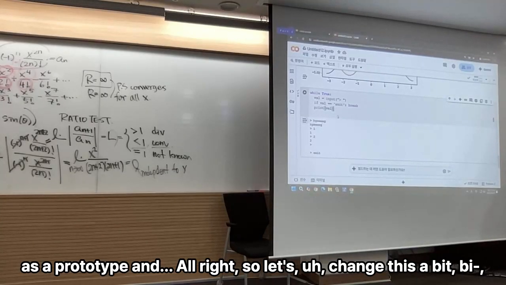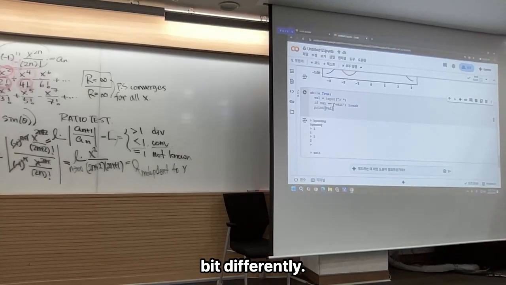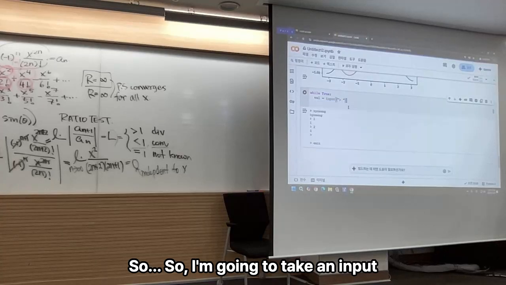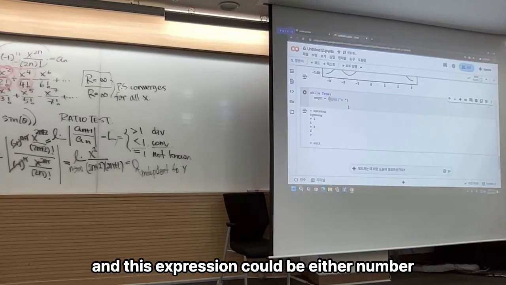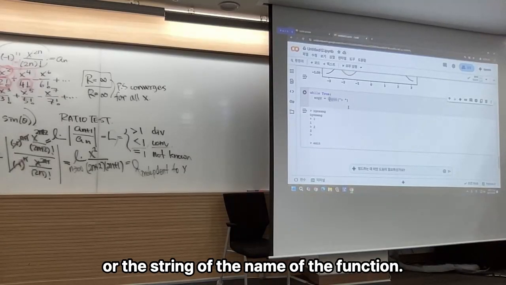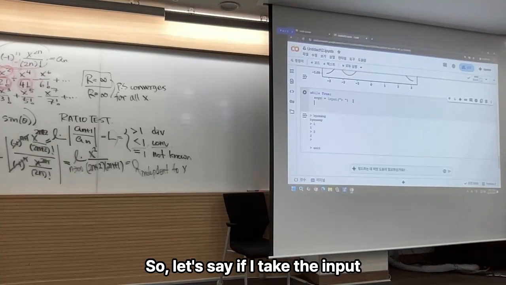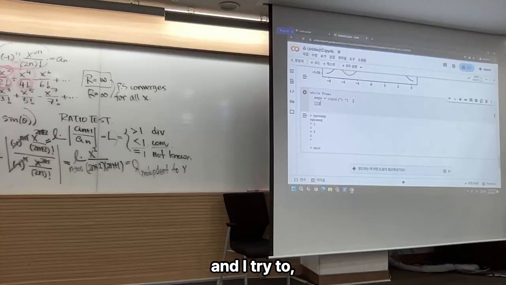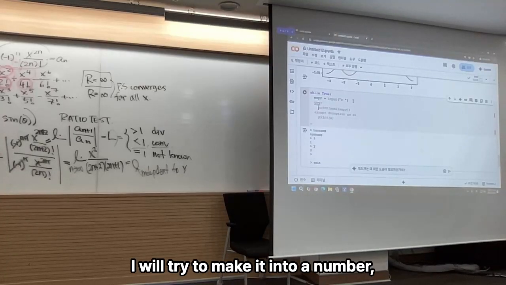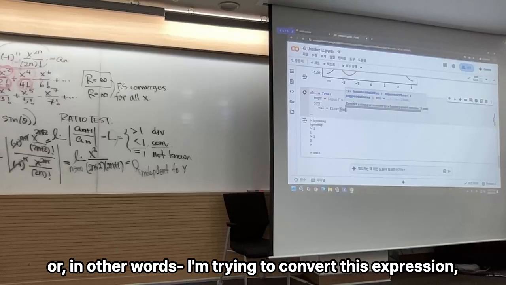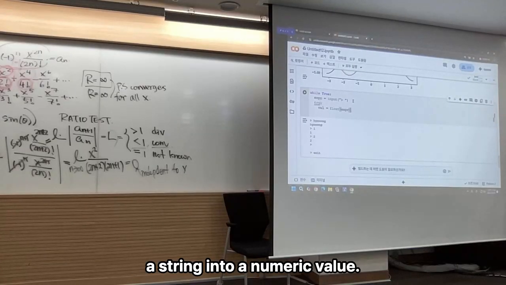All right, so let's change this a bit differently. I'm going to take an input as an expression, and this expression could be either a number or the string of the name of a function. So I take the input and try to make it into a number, in other words, convert this expression, a string, into a numeric value.